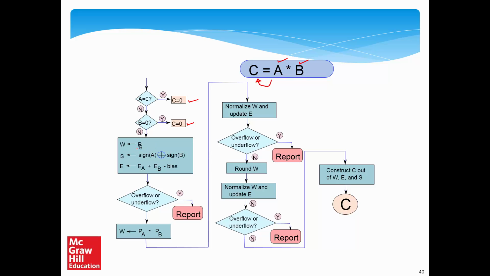So let's see what the additional work is like. The first thing that we do is compute the sign of the result, which is an exclusive OR of the signs of A and B. The way we represent the sign of A or B is by the sign bit.